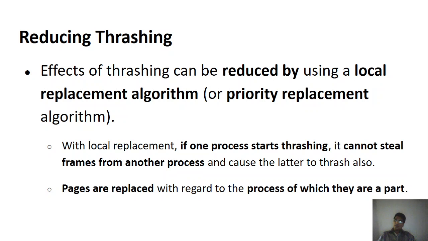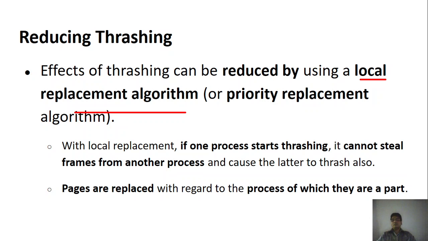Okay, so how do we reduce it? The way in which we can reduce it is by using many techniques. One of them is the local replacement algorithm. This is one of the easiest algorithms.